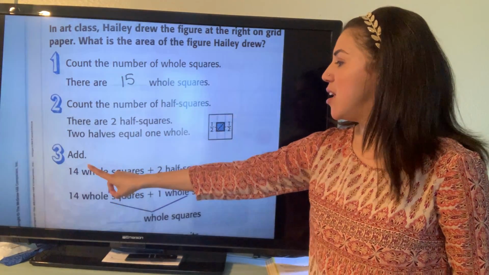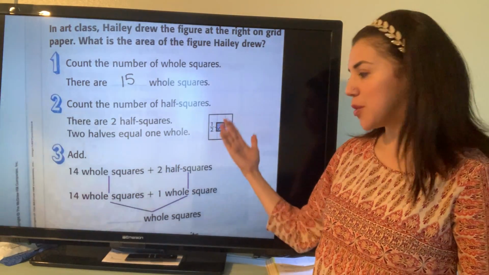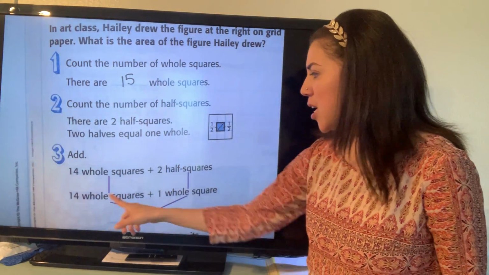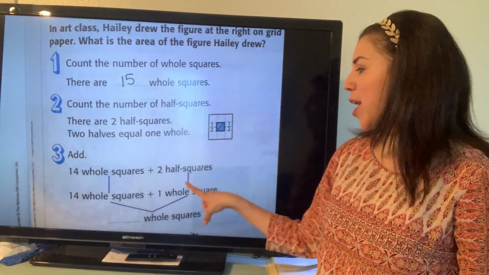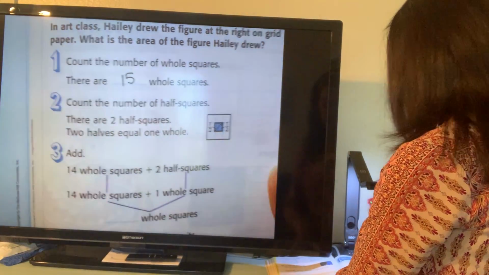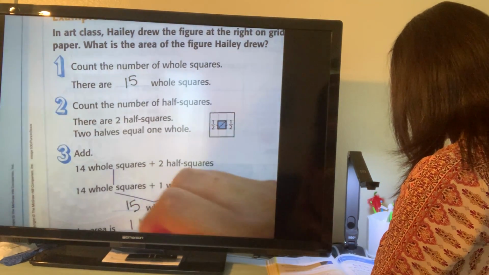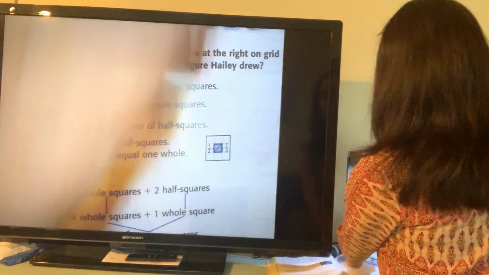So we added 14 whole squares plus 2 half squares. That's kind of confusing. 14 whole squares plus 1 whole square because we had the 2 halves that we added. So we have a total of 15 whole squares. So the area is 15 square units.